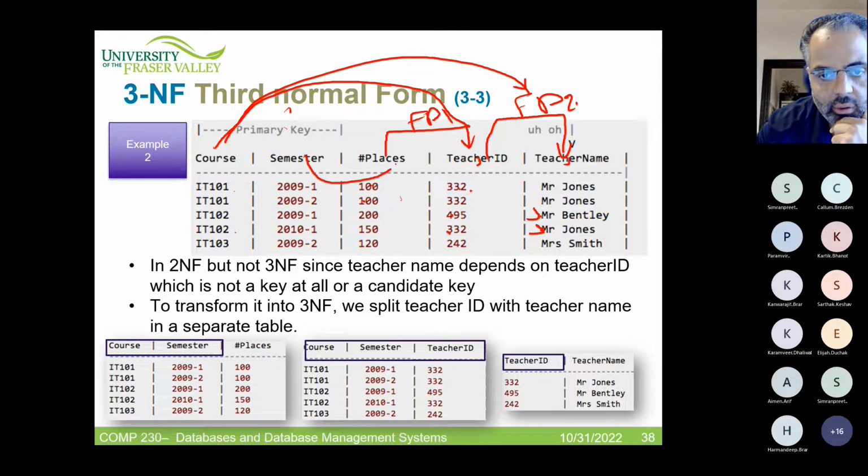Let's check semester. 2019, 100, and 2019, 200. So the same value is related to different values, X and Y. In this case, no dependency. Let's check this. 2019, 332, 2019, 495. It is not a functional dependency because the same value is related to different values.